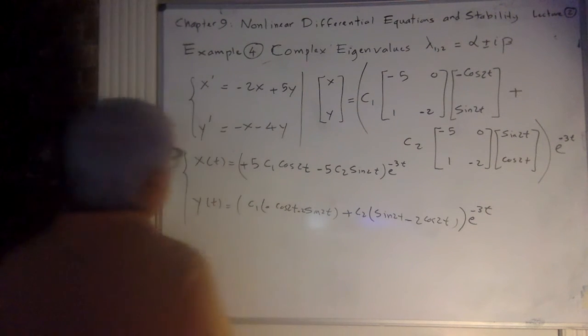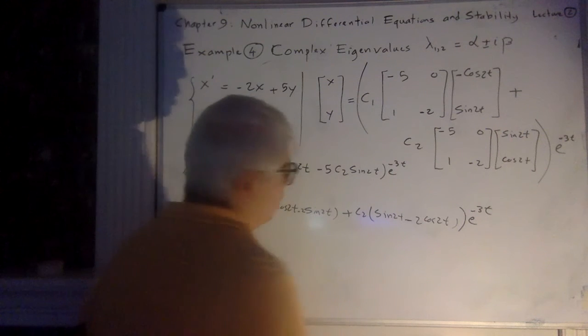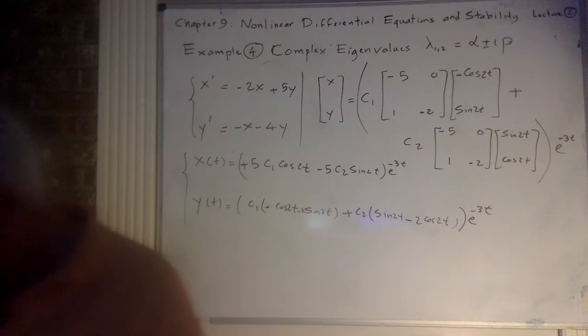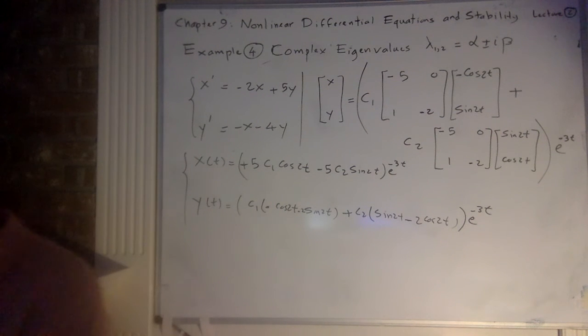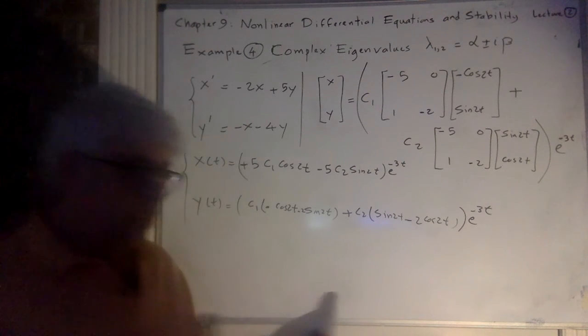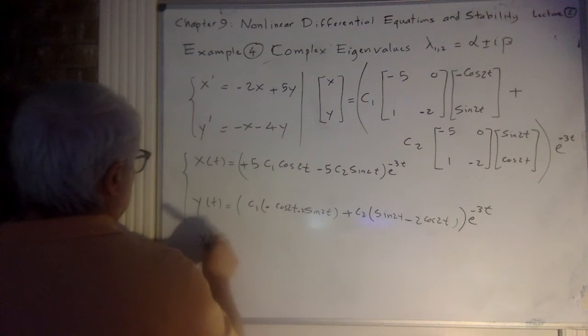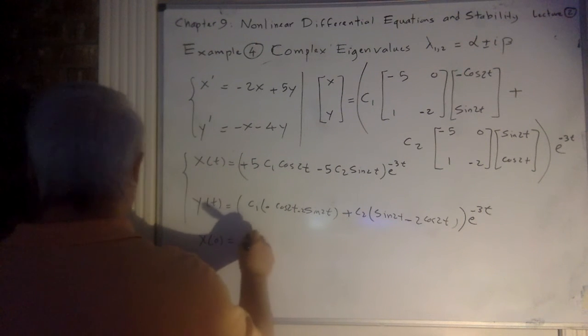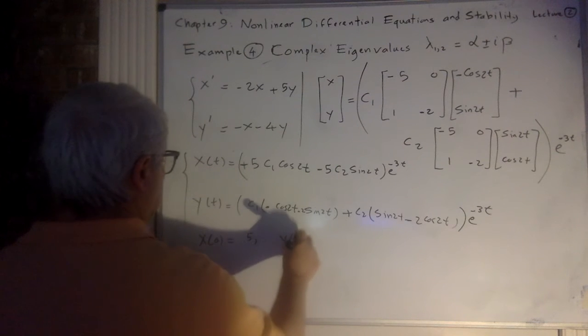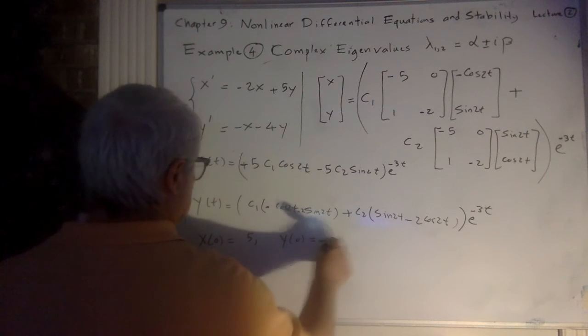So, okay, now I chose some initial conditions. Let me see what initial conditions I picked. It's too dark now. So I chose x at time 0 is 5, and y at time 0 is -3.